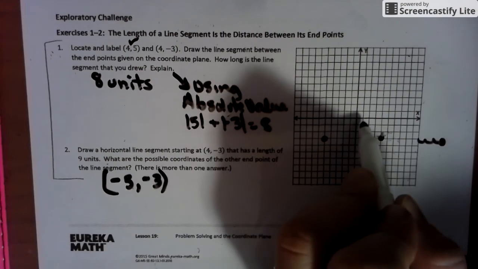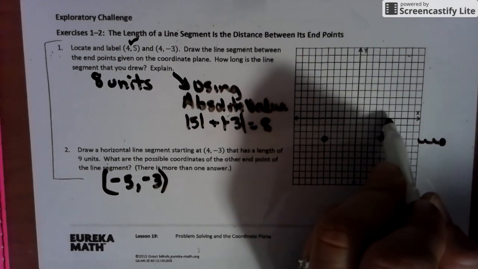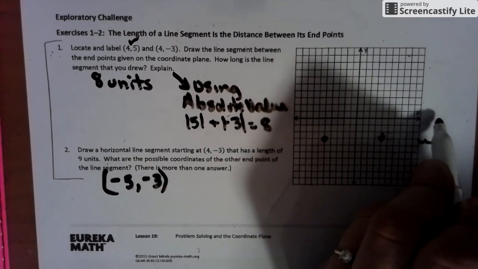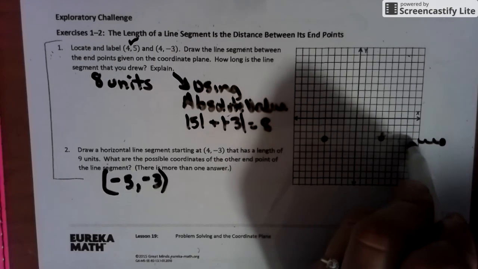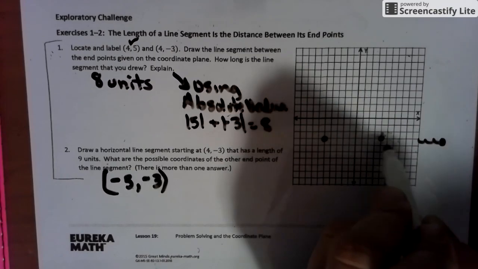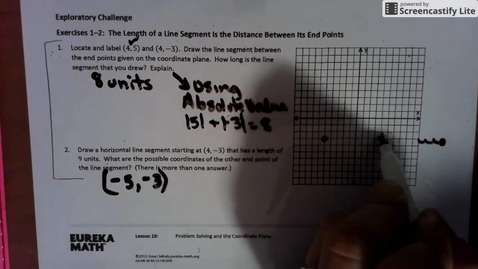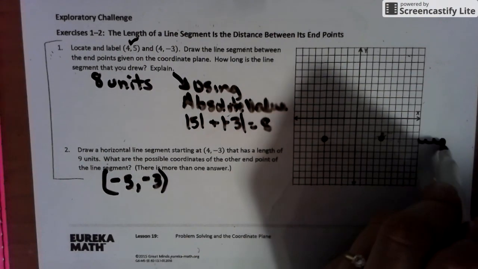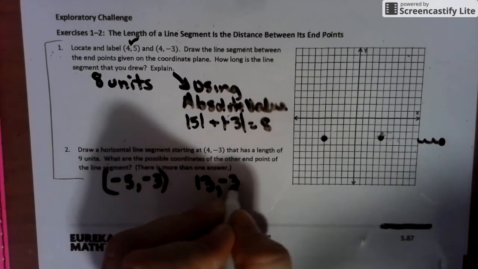So this was already positive 4. Then 5, 6, 7, 8, 9, 10, 11, 12, 13, so (13, negative 3).